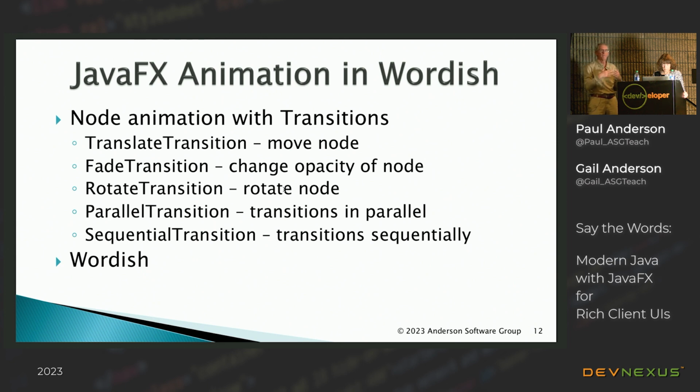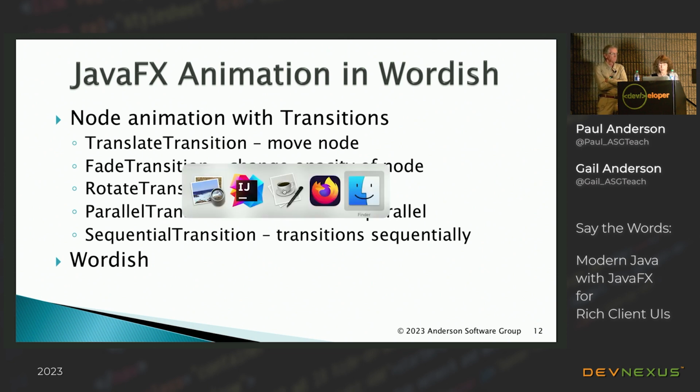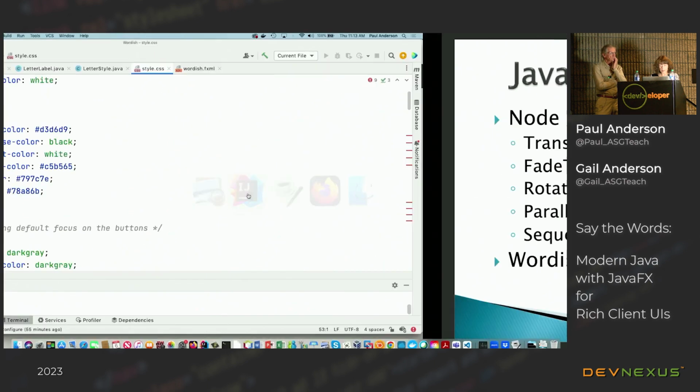And this is the part of Wordish that we used to show you how the keys move and everything else. Or you can take a parallel transition and put it into a sequential transition. So you could have a bunch of things happen at once and then have another set of things happen one after the other. Okay, so let's look at some of that.